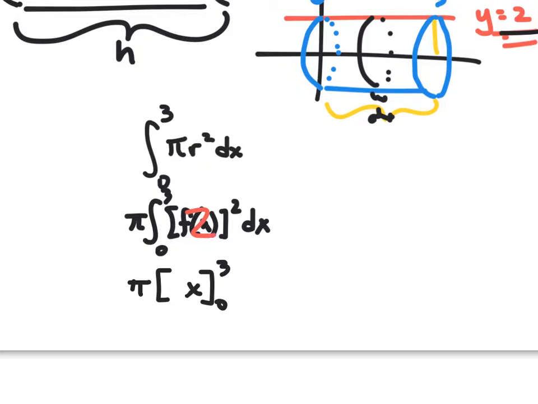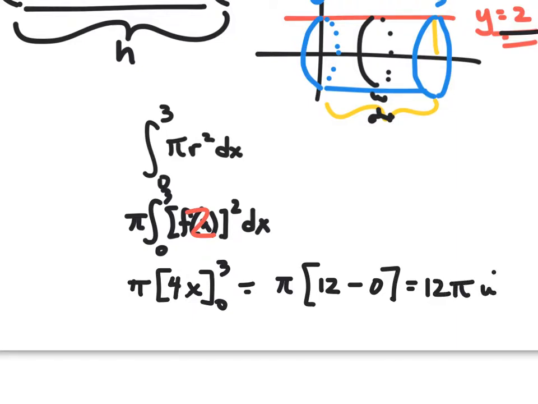F of x is always 2, so it'd actually be 4x from 0 to 3. Let's do a little evaluation here. This would be pi times 4 times 3, which is 12, minus 4 times 0, which is 0, so it would be 12 pi units cubed.